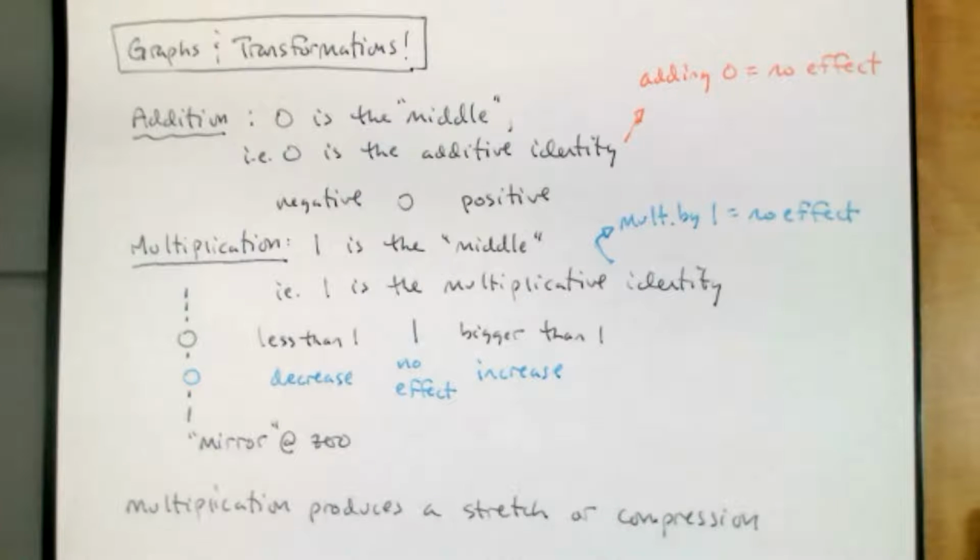Amplitude gets taller, amplitude gets smaller. Period gets longer, period gets shorter.